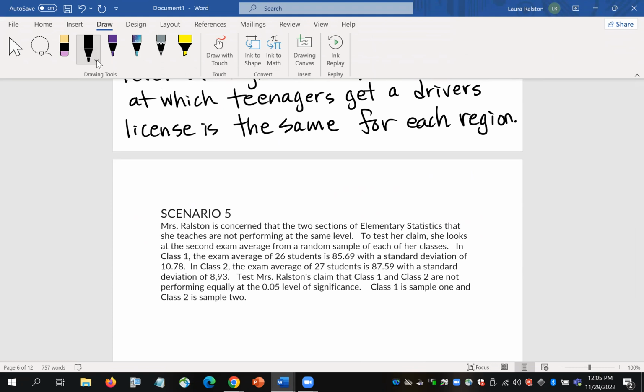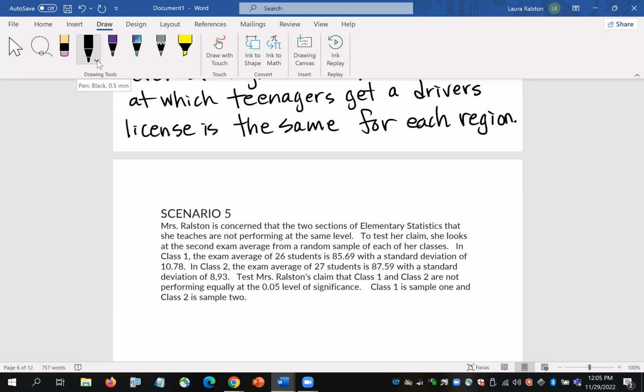Okay, so scenario 5 reads, Miss Ralston is concerned that the 2 sections of elementary statistics that she teaches are not performing at the same level. To test her claim, she looks at the second exam average from a random sample of her classes.